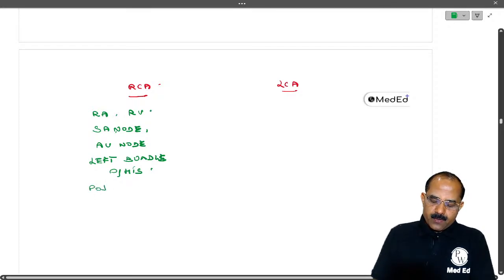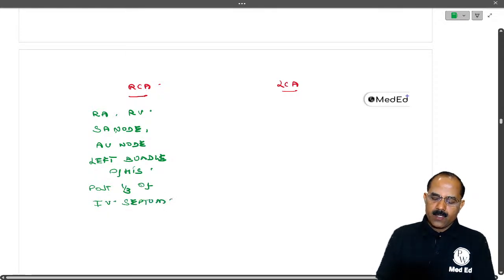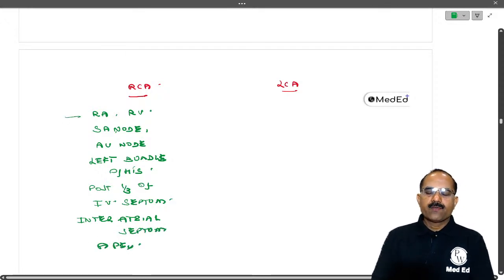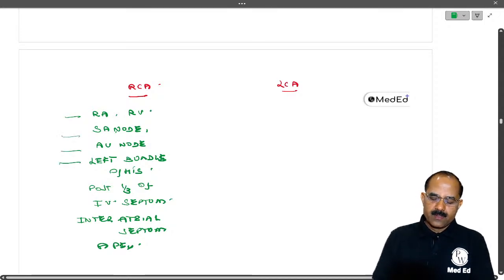It supplies the posterior 1/3 of interventricular septum, the atrial septum, and the apex of the heart. Purkinje fibers, left bundle of His.